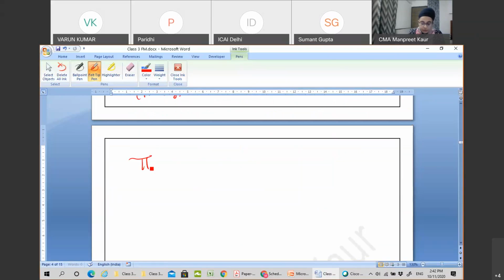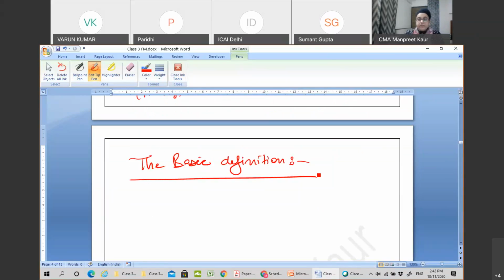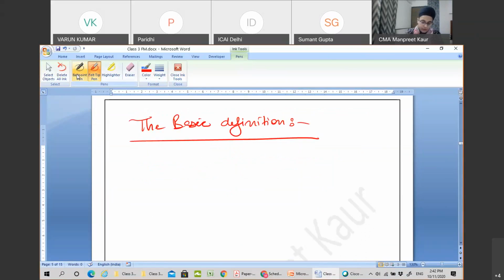In this, we have to take care of the basic definition. Then we will start with one by one theories of capital structure. First it is S is equal to market value of common shares.